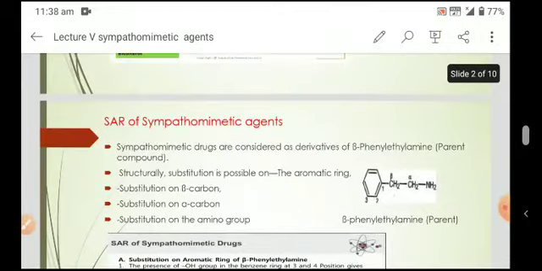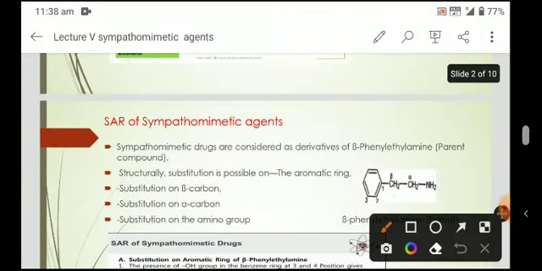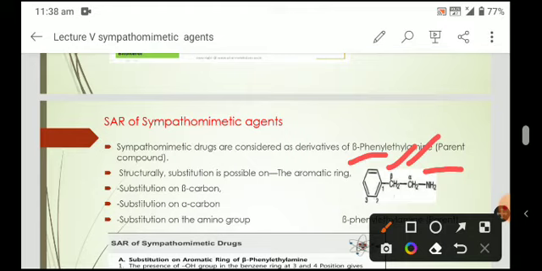See this structure: the phenyl group should be separated from the amino group by 2 carbon atoms, no more and no less than 2, in order to obtain sympathomimetic activity.